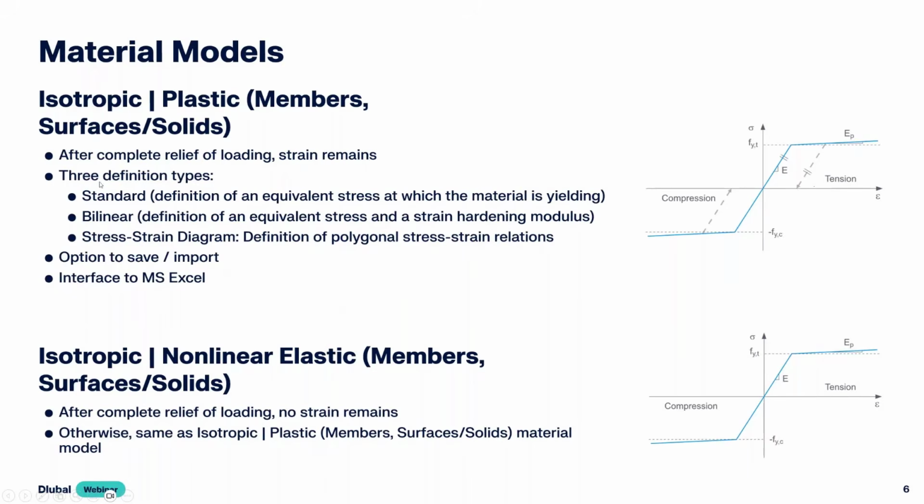So, then there are 3 definition types. Standard. I will show all these definition types in the program. You can define equivalent stresses. In that case, the material is yielding, and a strain hardening modulus can also be defined with the bilinear definition type.